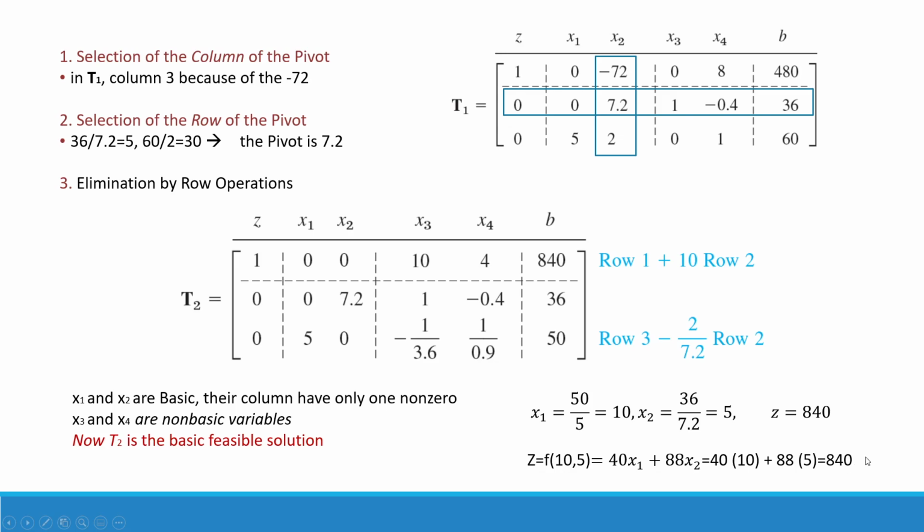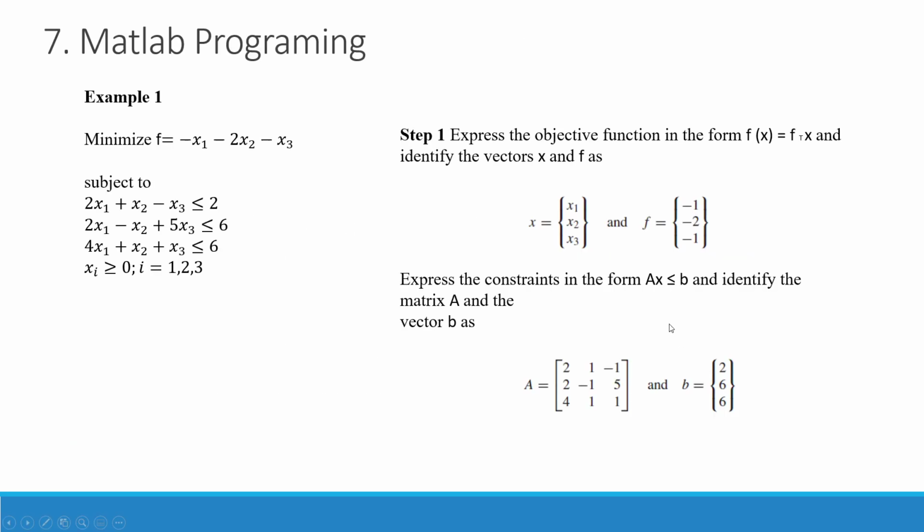This is the same result that we have in the Z result. It means that with these values we have the maximum point that optimizes the problem.